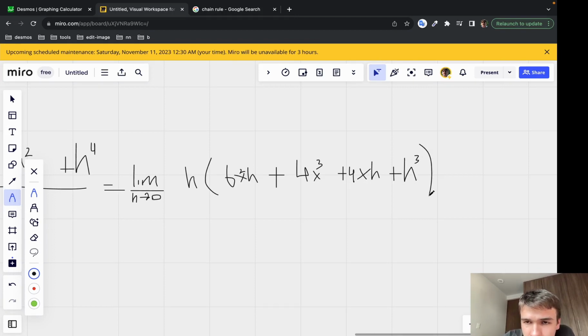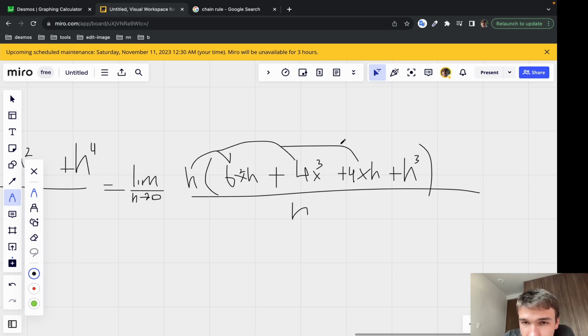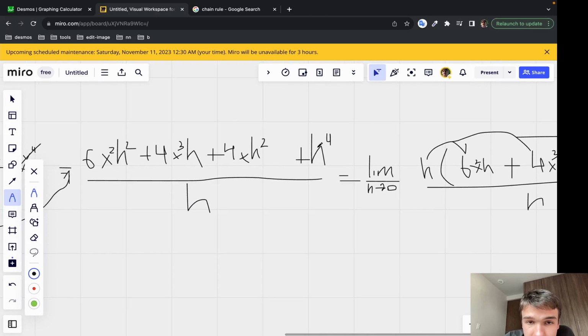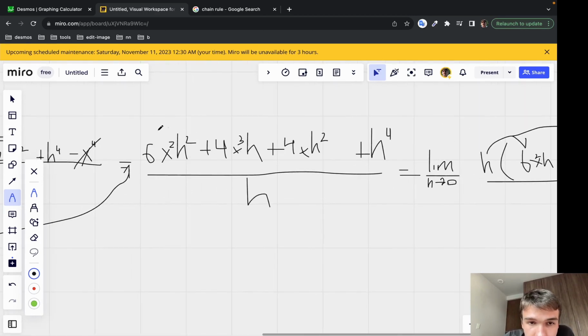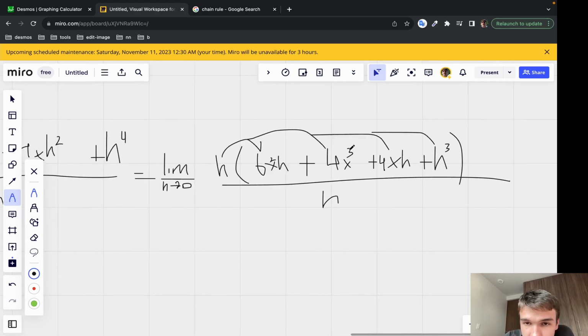So now I want to explain what we did. What we basically did is that we just took h from every one of the components. So if we now multiply this h here and here and here and here, we will get this. You see, h multiplied by this is going to result in 6x squared h squared, which was here, and the same thing here.